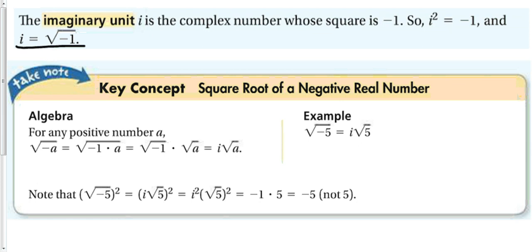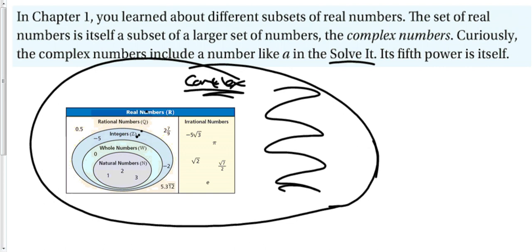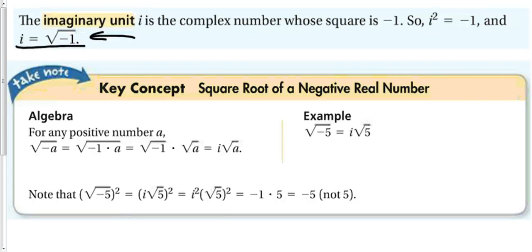Well, you're probably thinking, but it's a negative underneath the square root, I'm not allowed to do that. True, in the real number system you are not, which is why we are not inside the real numbers anymore. We're talking about numbers that are outside the real numbers. So we know that i is equal to the square root of -1. It's an imaginary number, the imaginary unit.